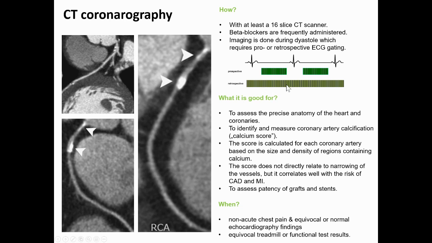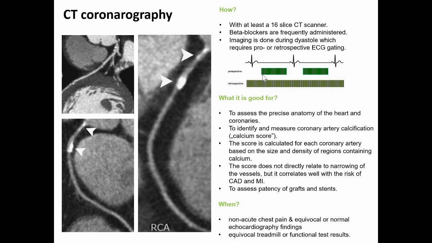So this means that the patient is receiving a much higher dose than when the imaging is done prospectively. In prospective imaging, the CT machine listens to the ECG reading and only starts gathering information when the heart is precisely in diastole. This means that the patients are receiving much less radiation.